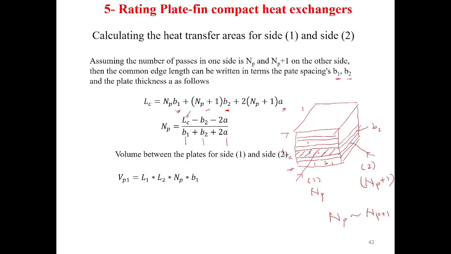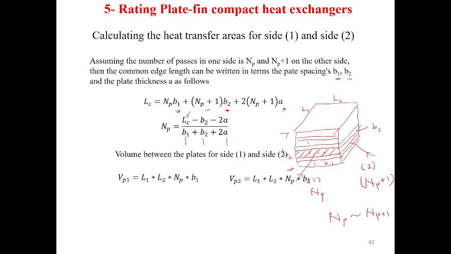If I assume this is L1 and this is L2, L1 times L2 gives you this area, but you have to multiply it by the number of plates that you have, NB, and you have to multiply it by B1. So you get the volume in cubic meters between the plates for side 1. You do the same thing for side 2, and you get the volume between the plates for the two sides.